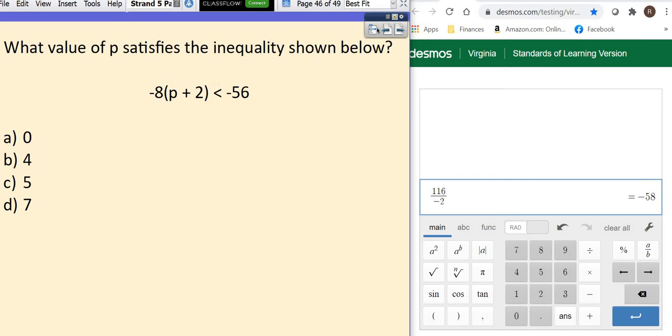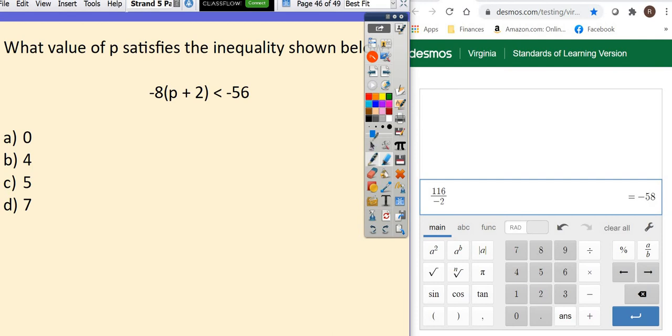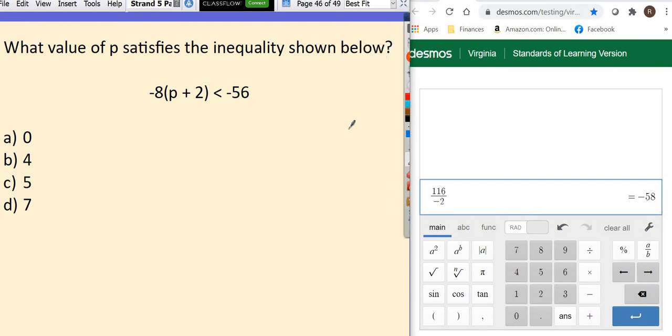Now let's see about this one. Let's see what we can do here. I'm going to turn this back into a pen. And it says, see which value of P satisfies the inequality below. This is important. What satisfies it? We're not looking for the number that we end up with at the end. We're looking for which of these numbers actually make it true. So let's start by solving. We're going to have to distribute.